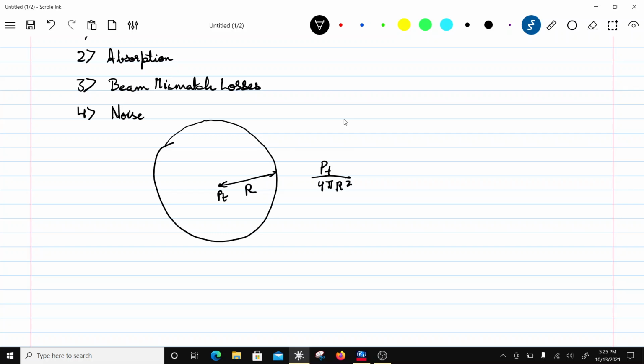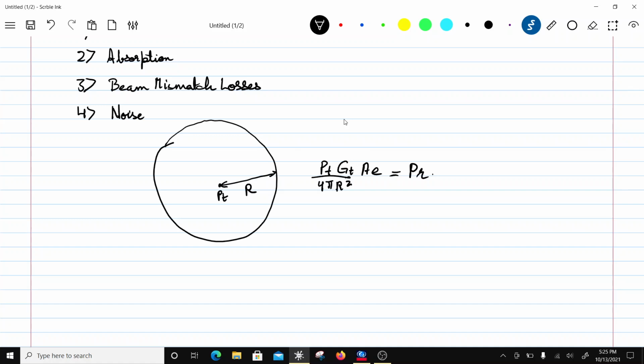And if there is a directionality to it in the form of antenna gain, that will be Gt, right? And then Ae is the aperture of the receiving antenna, so this is going to be the receive power, right? So path loss is because of the energy diverging out in the space.